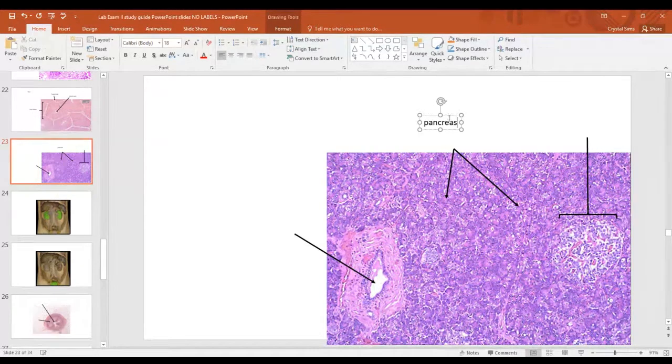And just keep in mind that central, middle. Okay, so the central vein is what is in the middle. And then on the corners, we have the triad. And what we're going to be looking for there is the portal triad on the corners there.